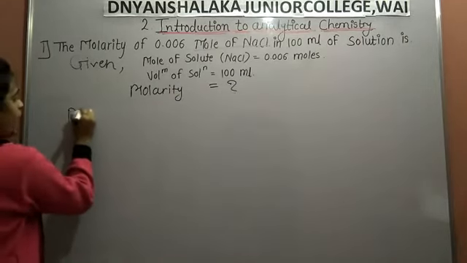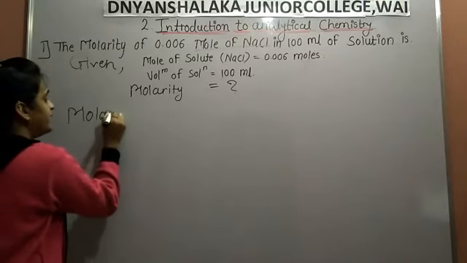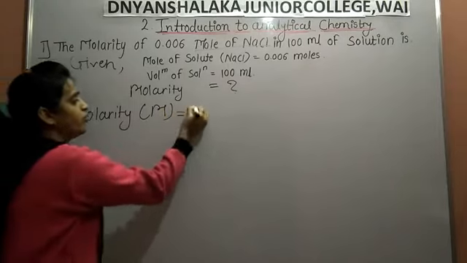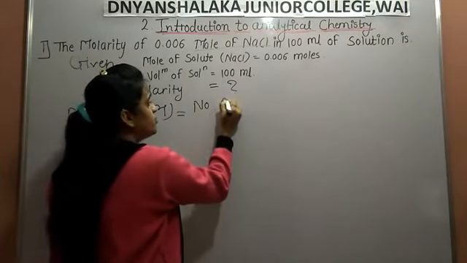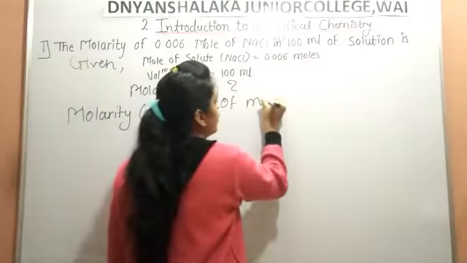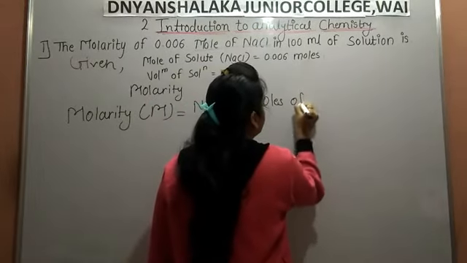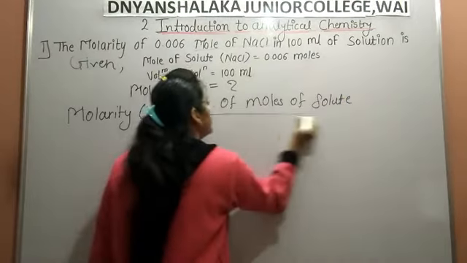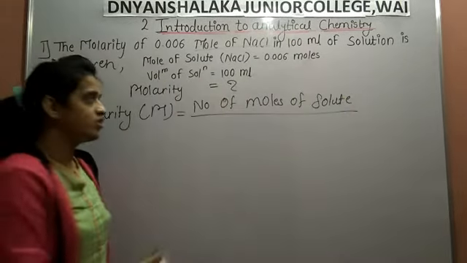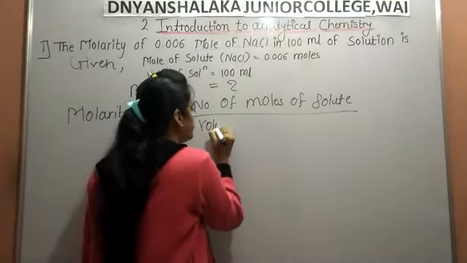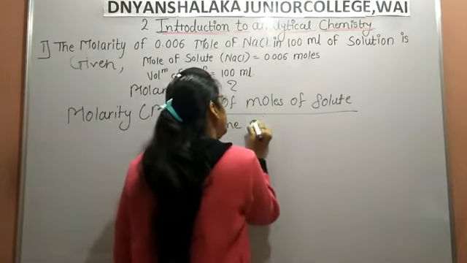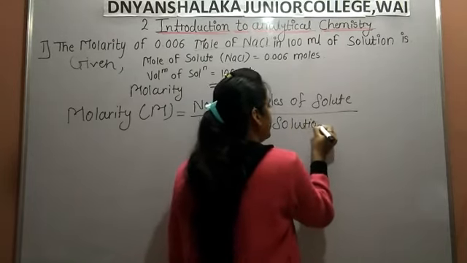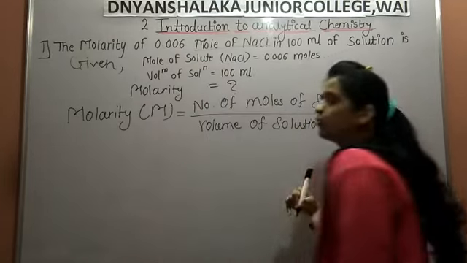So next we write the formula of molarity. Molarity, which is capital M, is the number of moles of solute present in 1 liter of solution.